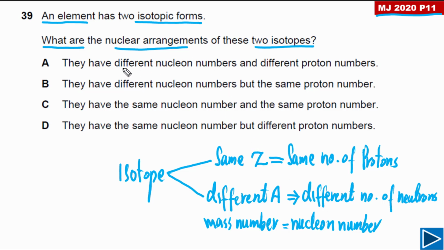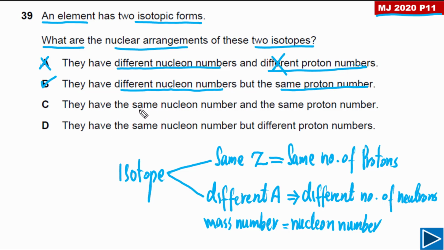Let's look at the first one. For option A, it is given they have different nucleon numbers, so that is right. Different proton number, that is wrong. It has to be the same. So this is not the correct option. Now if we move to the next one, they have different nucleon numbers and the same proton number, so this is the correct option.